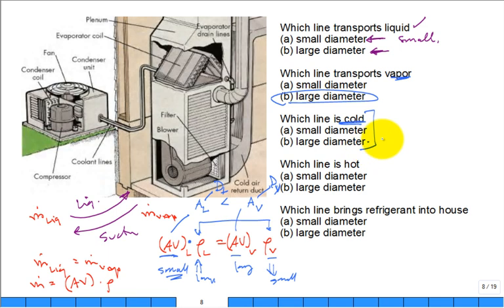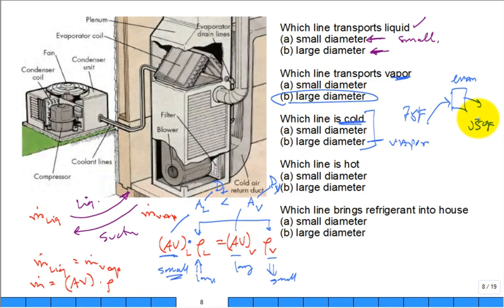The large diameter is the cold line. The large diameter is carrying the vapor. The vapor that just left the evaporator. If I was taking air from the inside of the house at 75 degrees F, dropping it once it goes across the evaporator to 55 degrees F, now it's nice and cold, and I dump it into my house.